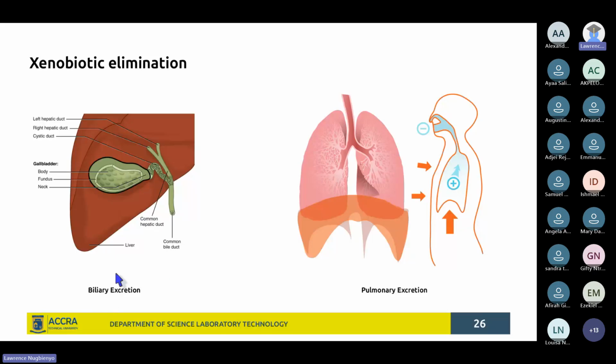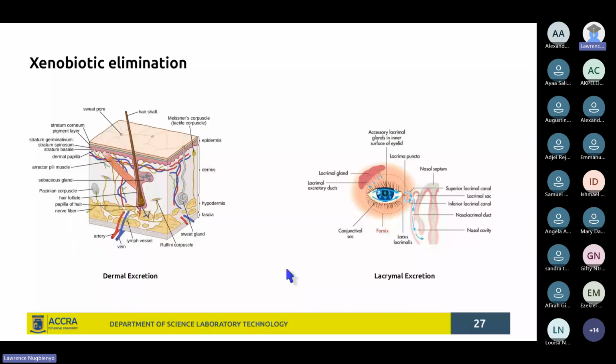That type of excretion is what is referred to as biliary excretion, through bile. Or pulmonary excretion, which is for gaseous metabolites, by exhalation, coming from the lungs. You also have excretion by the skin through sweat. That is referred to as dermal excretion.